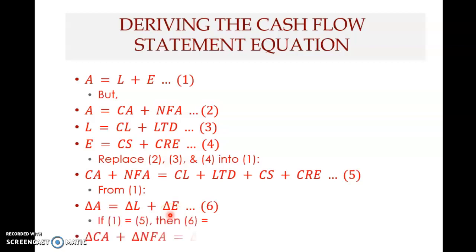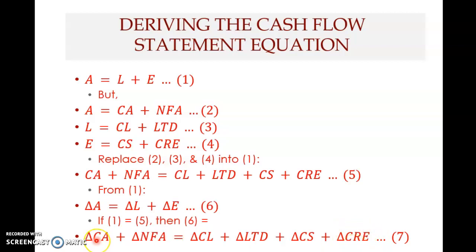So if 1 can be translated into 5, because of this, we change 1 to 5. Therefore, 6, when we look at the change in the level of assets, we can say the change in current assets plus the change in net fixed assets must be equal to the change in current liabilities plus the change in long-term debt plus the change in common stock plus the change in cumulative retained earnings.